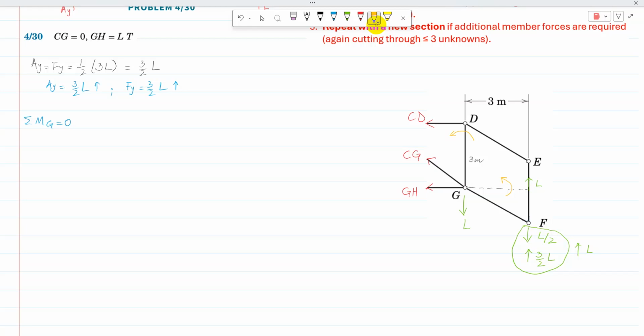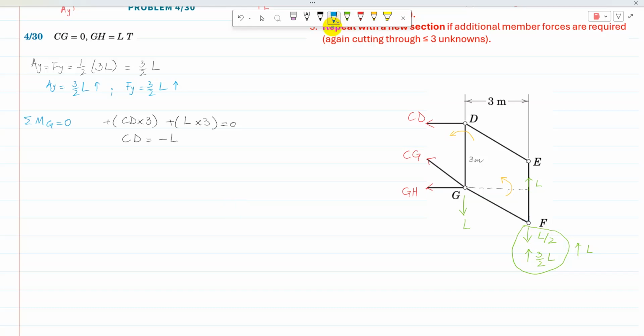Assuming that counterclockwise direction is positive, the moment is plus for the first one: CD times 3 plus L times 3 is equal to 0. So CD is equal to minus L after simplifying it.